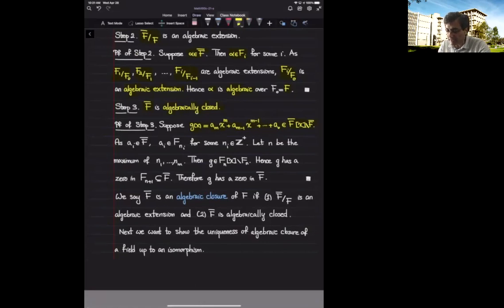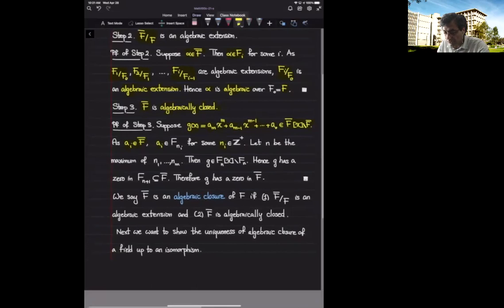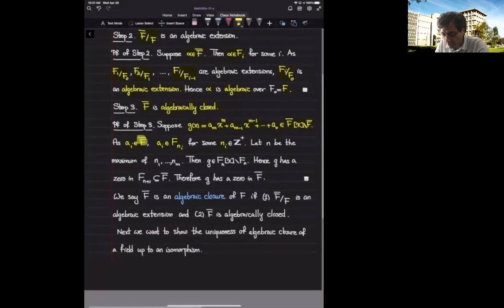This means that for every index i I can find some index n sub i so that A sub i, this coefficient, which is inside F bar, belongs to F sub n sub i. Again, F bar is the union of F sub j's, so for every i I can find some index so that F sub n sub i contains A sub i.